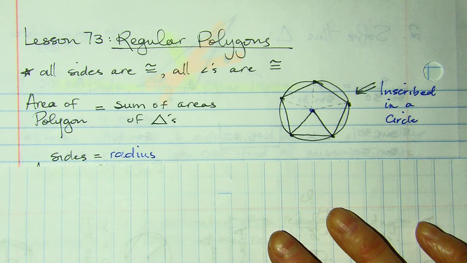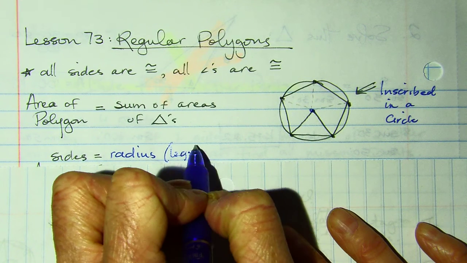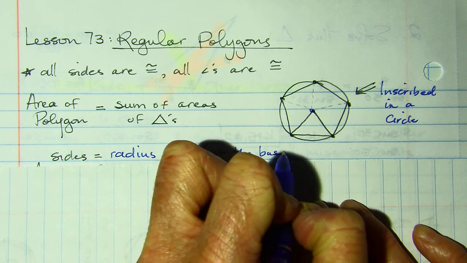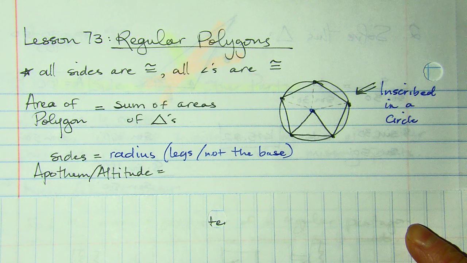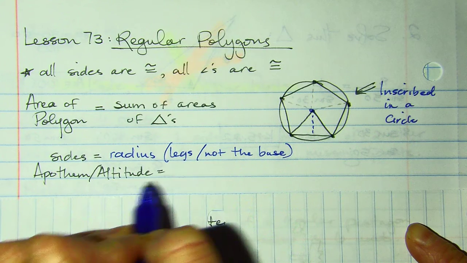Now, I'm not talking about the base. I'm talking about the sides or the legs, not the base. The apothem or altitude would be my height.